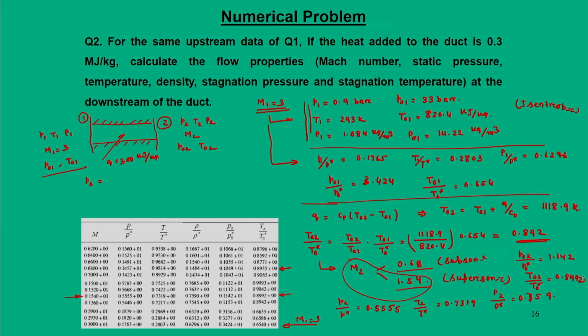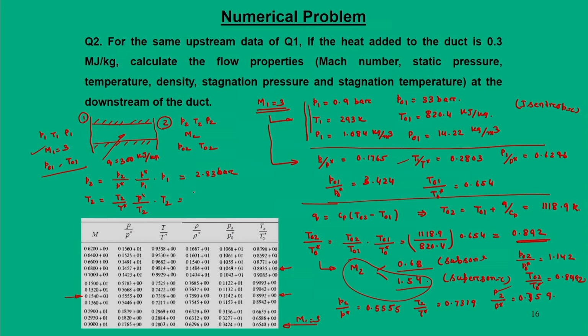Okay. So, once we know this, we can find P2 as P2 by P star into P star by P1 into P1. So, this number would be 2.83 bar. Similarly, we can say T2 as T2 by T star into T star by T1 into T1. So, we all know the property values here, here and here.